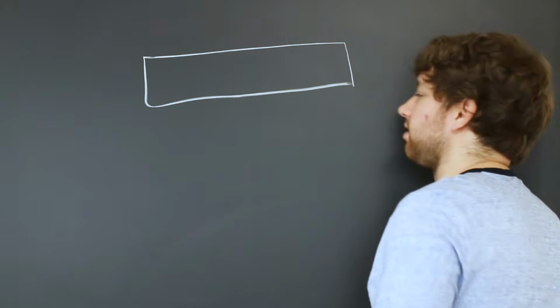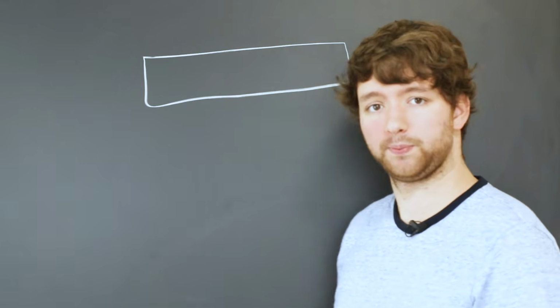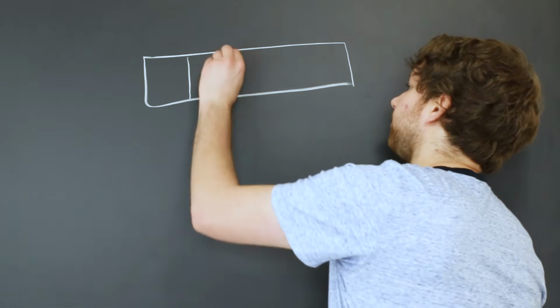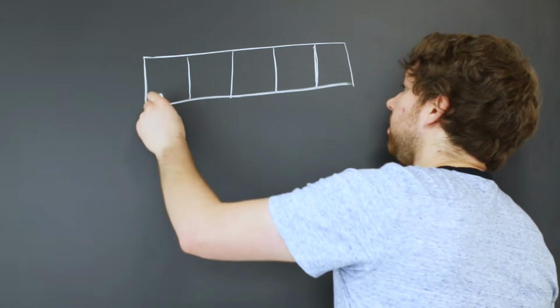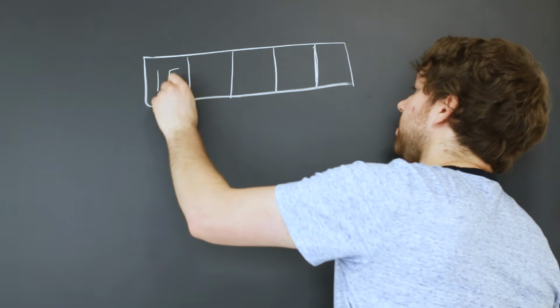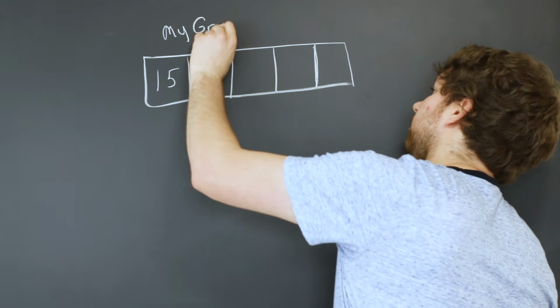All right, so look at it like this. If you had to visualize an array, it's gonna look like this. Yeah, not really. It's gonna look like this. And each one of these boxes is going to have something. So let's say this is called my grades.